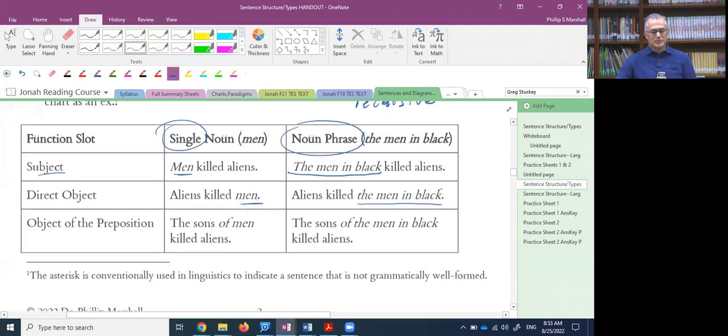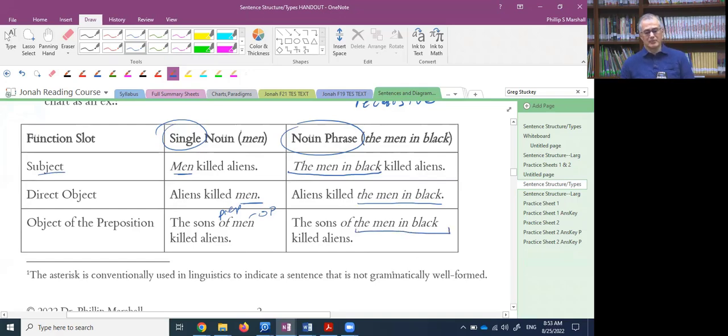And then the object of the preposition is usually a slot that a noun can fill. So I could say the sons of men. So of is my prep, right? And men is my object of the preposition. The sons of men killed aliens. And then I could expand men into a phrase.